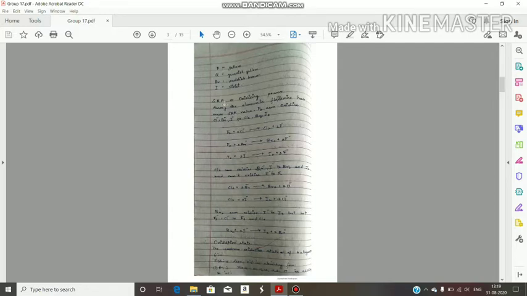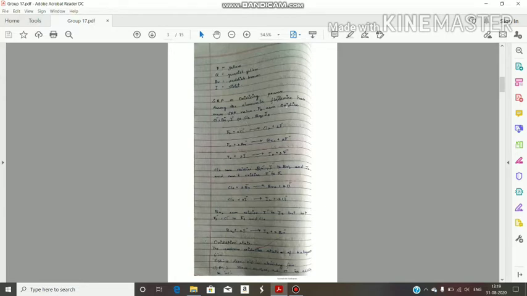Reduction potential means the tendency to gain electrons, which is also called oxidizing power. So these have more SRP values, that means automatically they have more oxidizing power. Due to high oxidizing power, they can oxidize other substances.